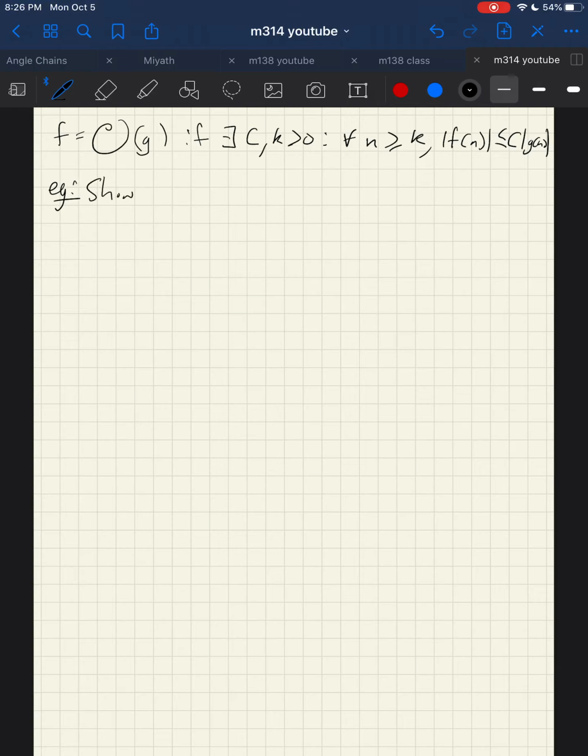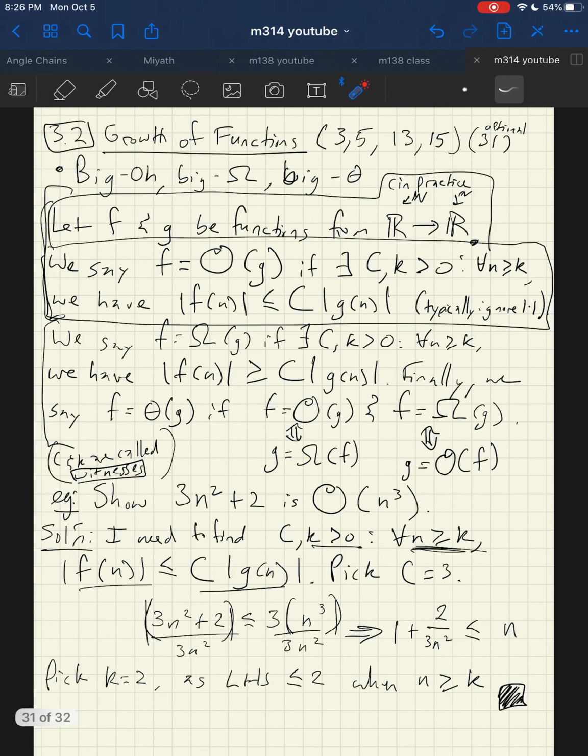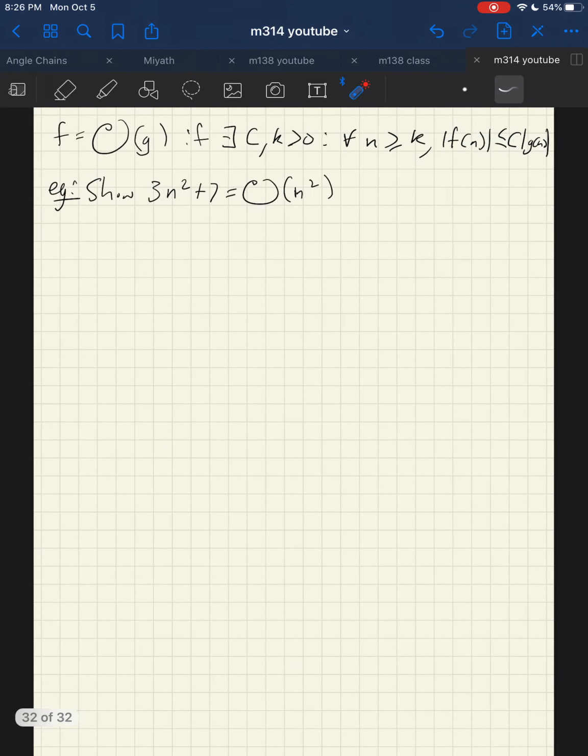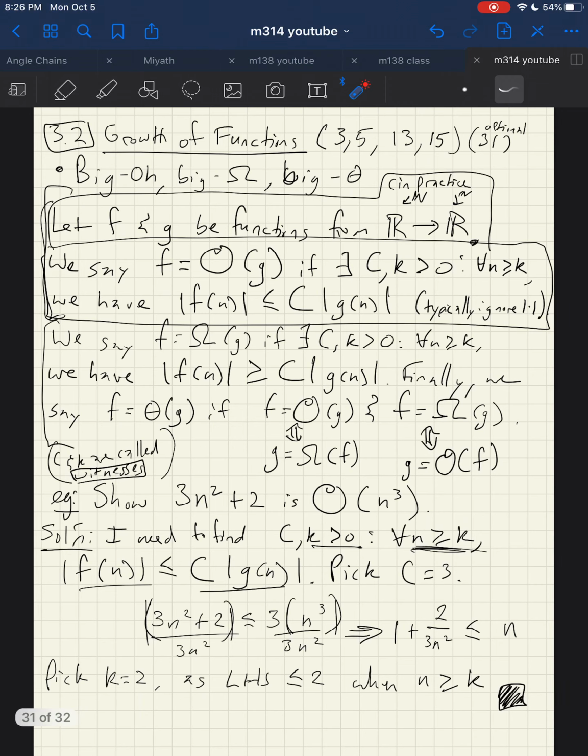Let's do an example. Let's show that 3n squared plus 7 is big O of n squared. If you remember the previous example, the way we did this was we just picked a constant that worked. In this case, we picked the leading coefficient.